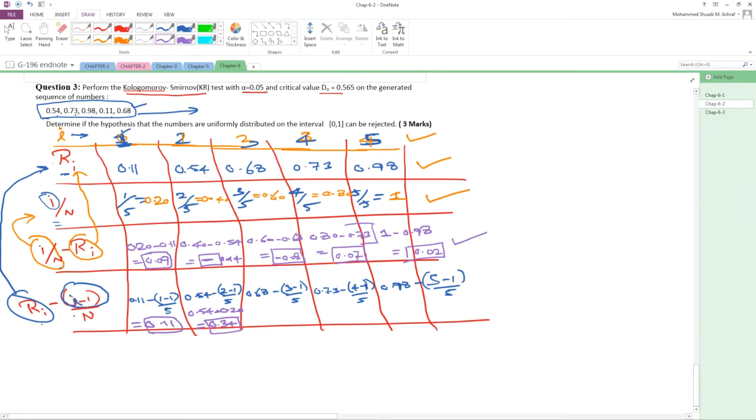Next. 3 minus 1 is 2 by 5, which is 0.40. So 0.68 minus 0.40 is 0.28. Here 4 minus 1 is 3 by 5, which is 0.60. 0.73 minus 0.60, the answer is 0.13. Here 5 minus 1 is 4 by 5, which is 0.80. 0.98 minus 0.80 is 0.18.